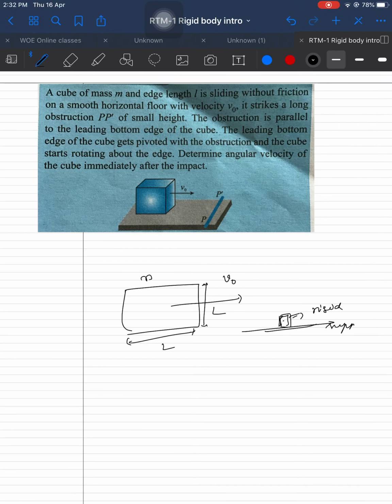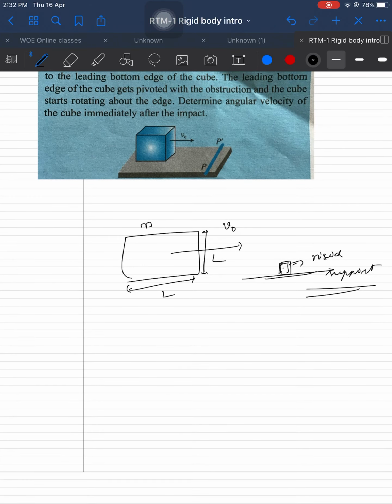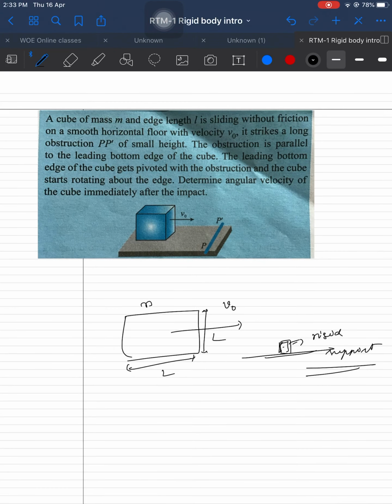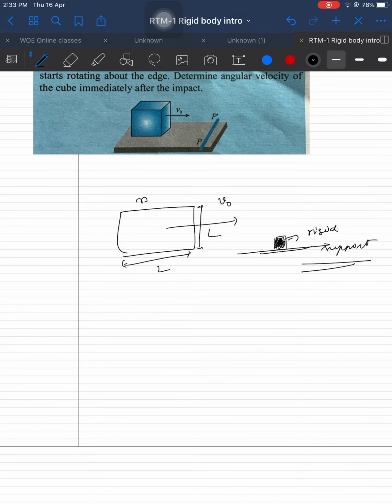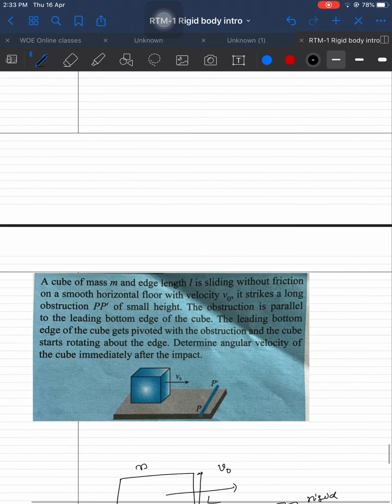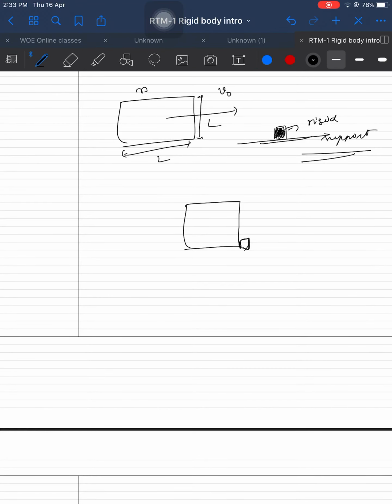This kind of problem we will study, and it is a very important problem. It was asked in Mains once. With v0, what is the angular velocity once it is stuck at the rigid support? What will happen once it gets stuck here? After the collision, the block of mass m starts rotating. I will show you systematically.